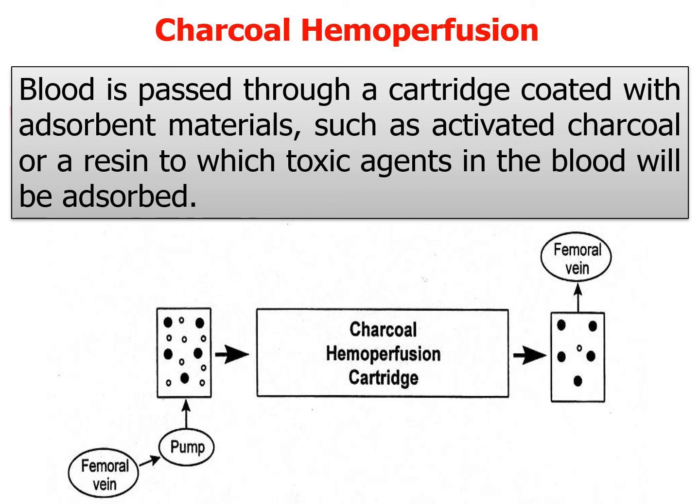In charcoal hemoperfusion, we allow the blood to pass through a cartridge coated with adsorbent material like activated charcoal, to which the toxic agents will be adsorbed, and the blood will return back to the body through the other way of the double-way catheter, but with less amount of toxins. Also, we use here anticoagulant agent like heparin.